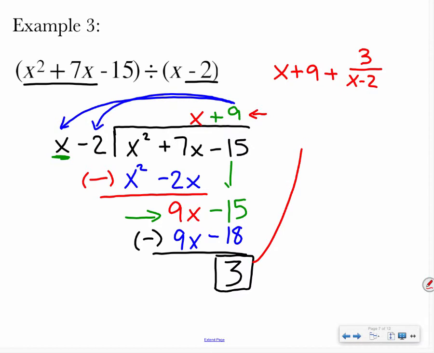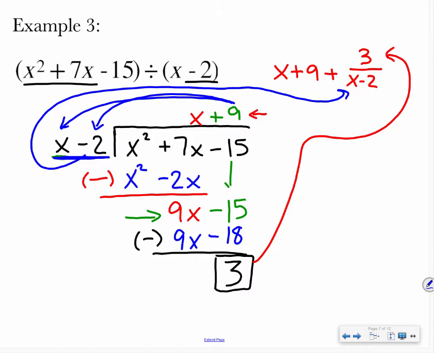So you take your remainder and you put that on the top of a fraction, and you take what you were dividing by, and that goes on the bottom of your fraction. Okay? So we have x plus 9 plus 3 over x minus 2, and that is your answer for this example. So these work really nicely when you have quadratics that don't factor. Long division works nicely for that.